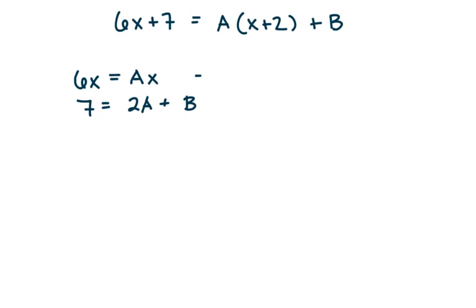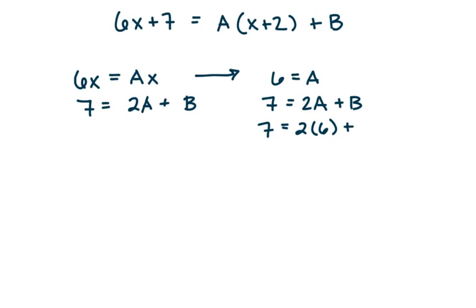So it's easy at this point for me to see that 6 equals A, and then I have 7 equals 2A plus B, or rather 7 equals 2 times 6 plus B, that's 12. We have negative 5 equals B. So again, we've got 6 is equal to A, and negative 5 equals B.